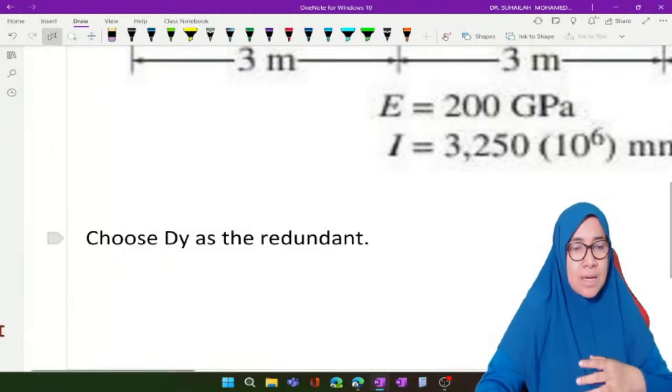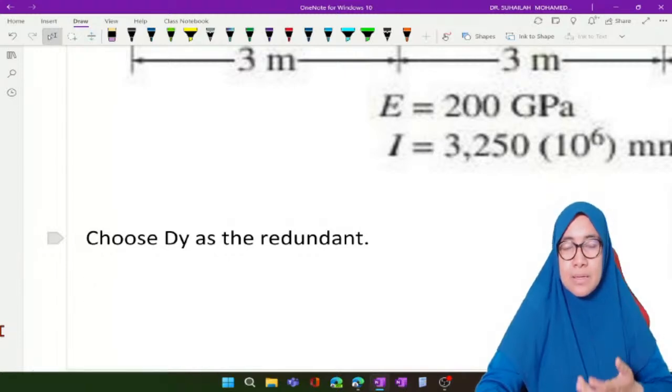After choosing Dy as the redundant, at this level you should be able to write the compatibility equation.